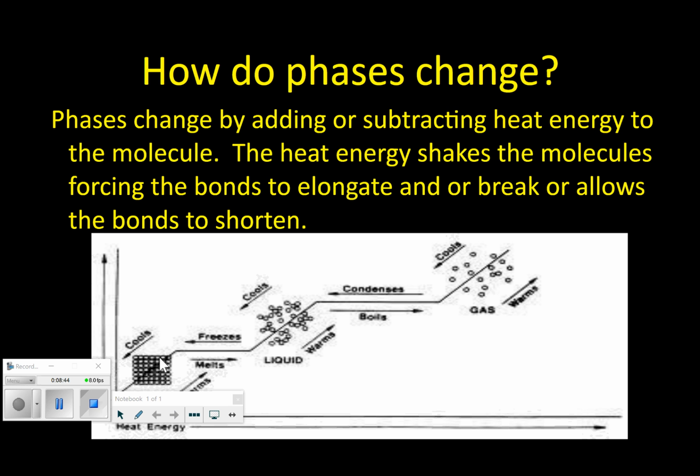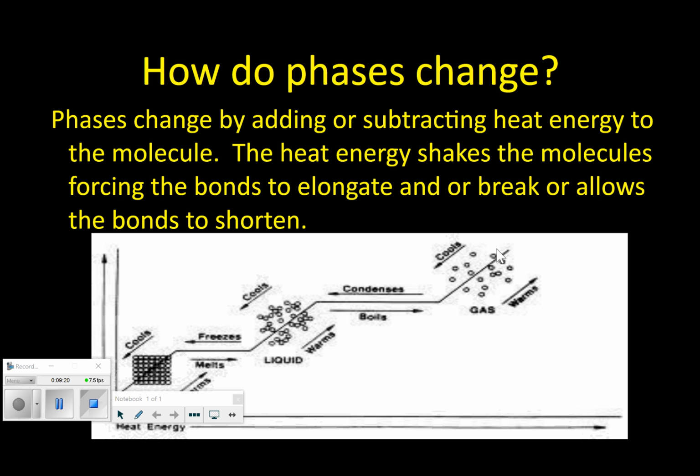As that vibration increases, it forces those bonds to lengthen and loosen. Once it lengthens and loosens enough for those bonds to become free, they're still attached, but they can wiggle now, that becomes a liquid. If we add more heat energy to the object, and that heat energy breaks those bonds, that means that it's vibrating so much that it shatters the bonds, it becomes a gas.